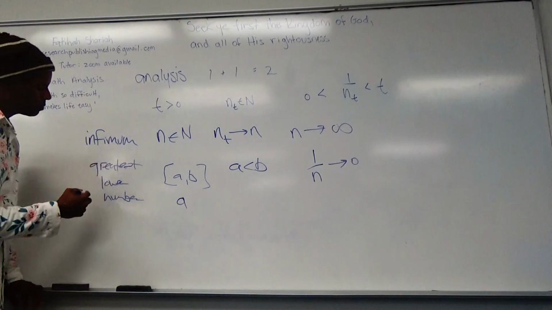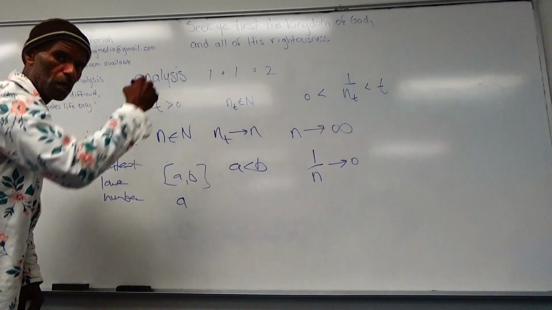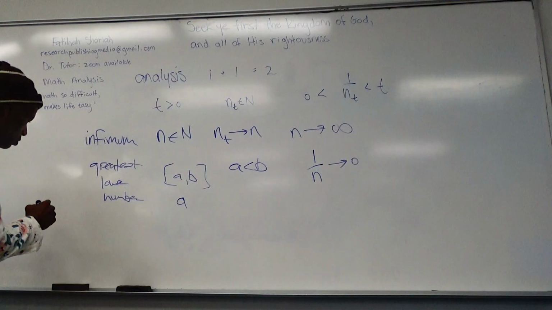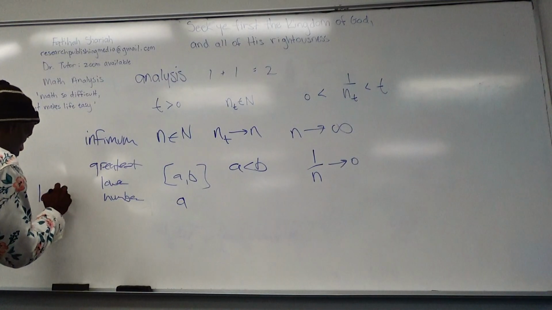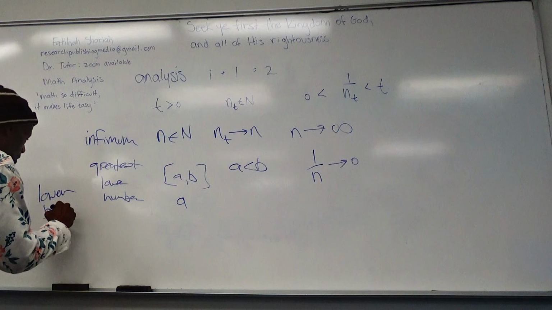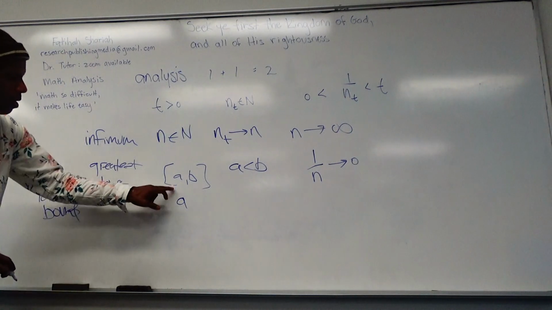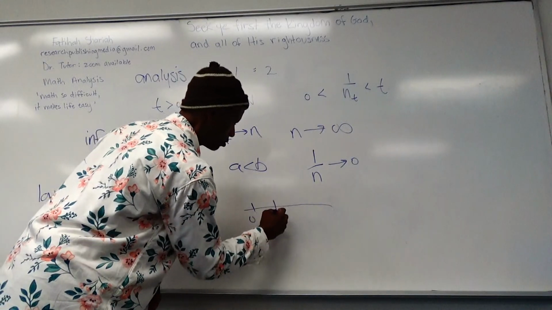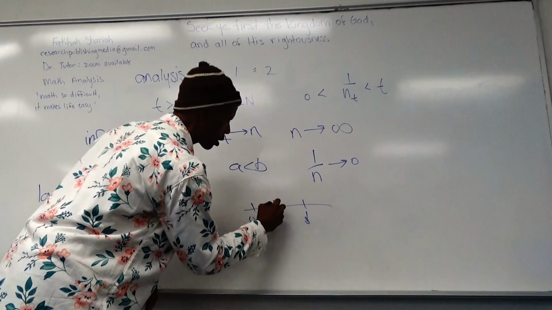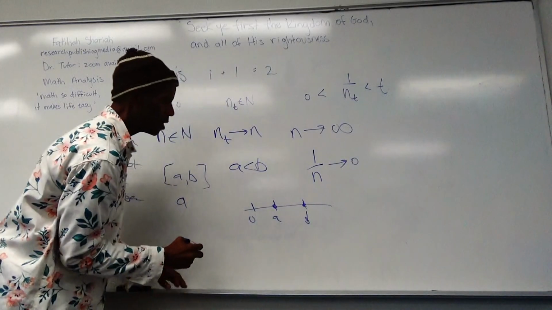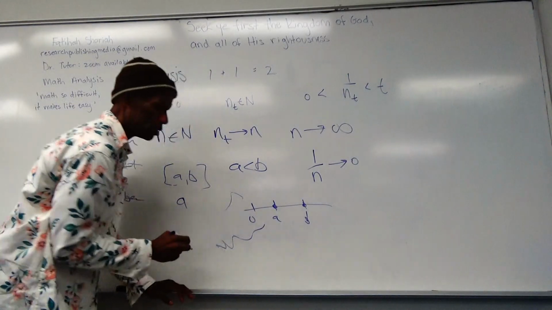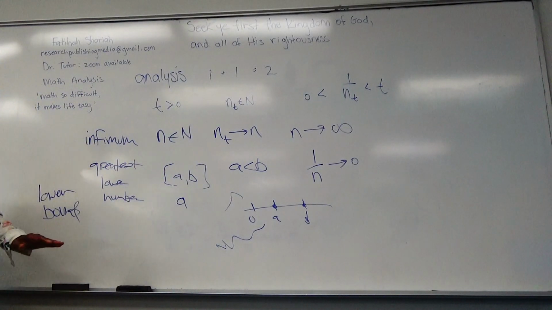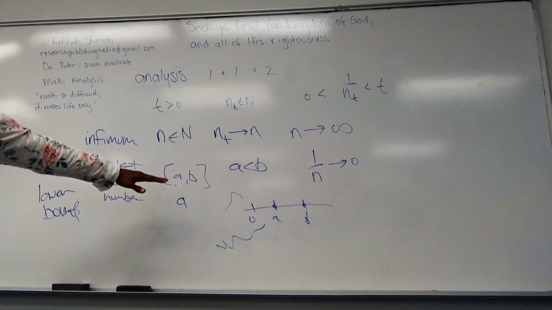So an infimum is the greatest lower number. Then you have something called a lower bound. You've got numbers that are less than A. If you go back to the number line, from A to B we're including A and B, but you still have numbers right here that are lower than A. That's called the lower bound. We're not talking about the numbers that are not in the set.